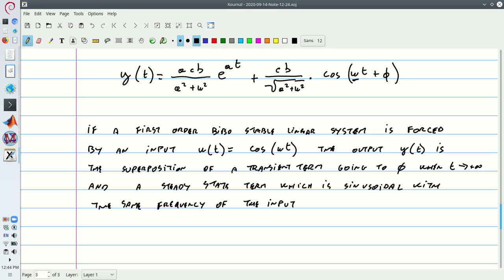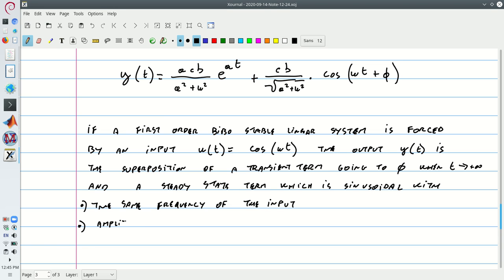Why? Because here we have omega, so we force this with a simple cosine of omega t. Now we got something that is a little more complicated, but it has still the same frequency of the input, and that's okay. What about the amplitude?